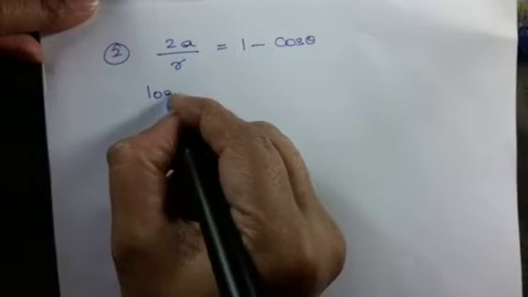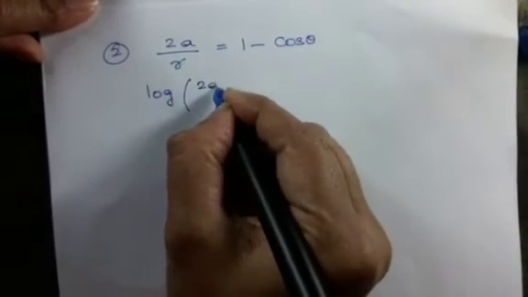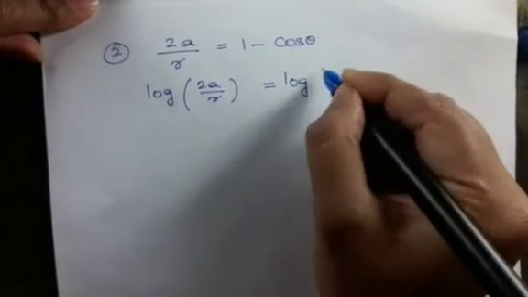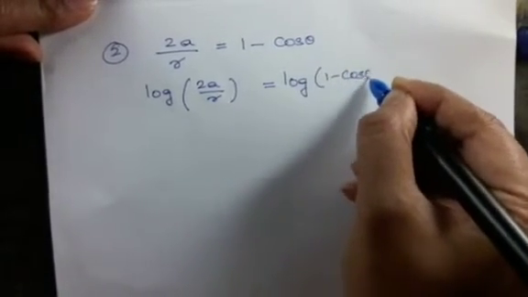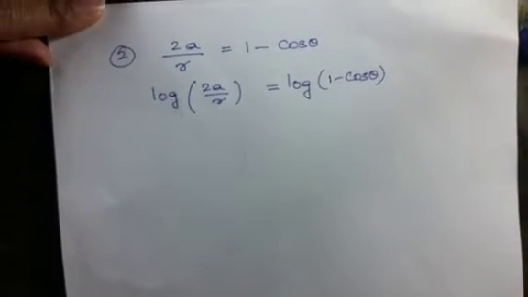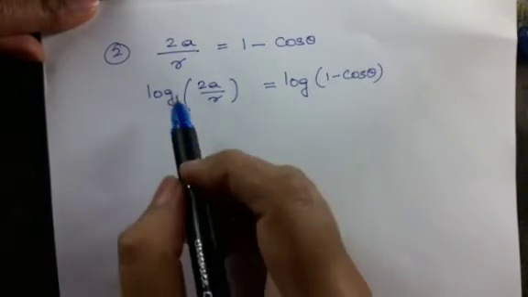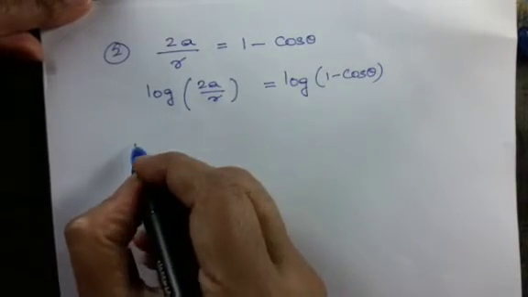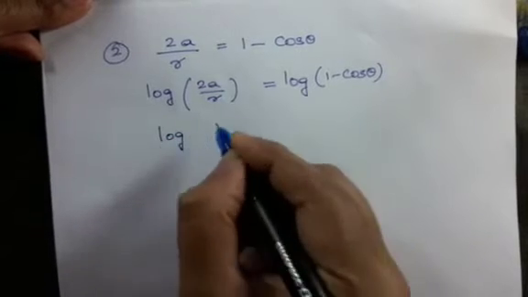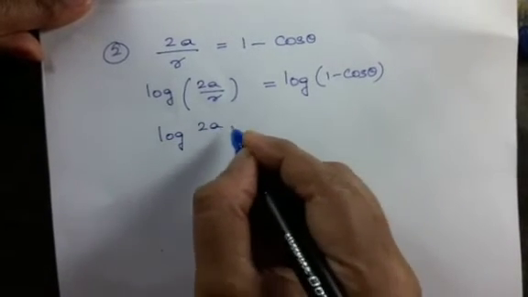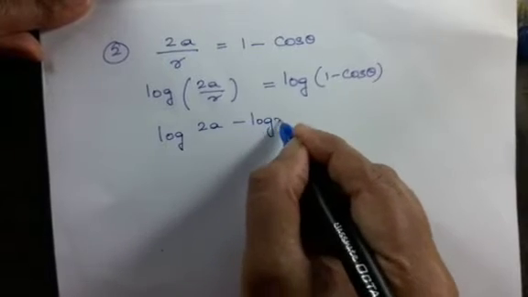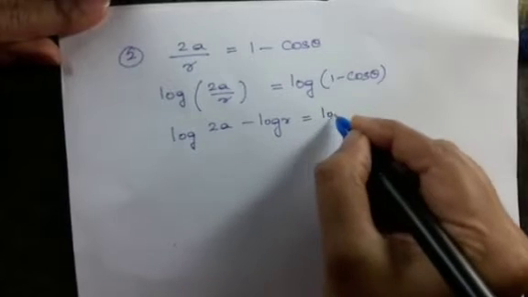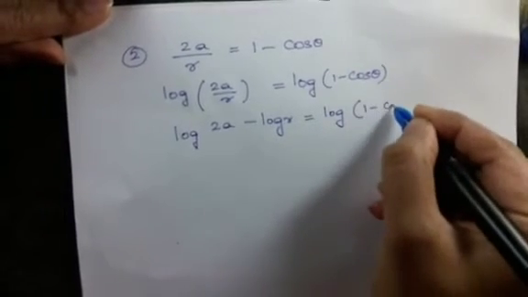So log of 2a by r is equal to log of 1 minus cos theta. Log of a by b is what? Log a minus log b using the logarithmic property. So I will get log 2a minus log r is equal to log of 1 minus cos theta.